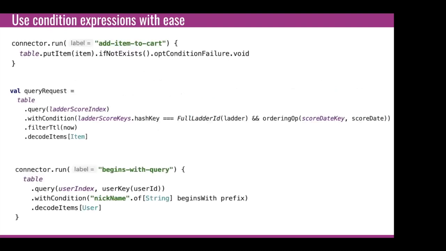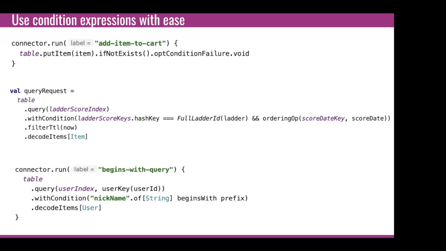We also support conditionals, and here we have several examples of conditional queries. In the first one, we use if not exist plus op conditional failure. It's obvious what the if not exist does.